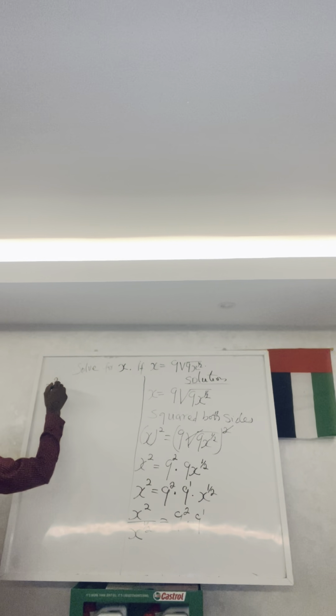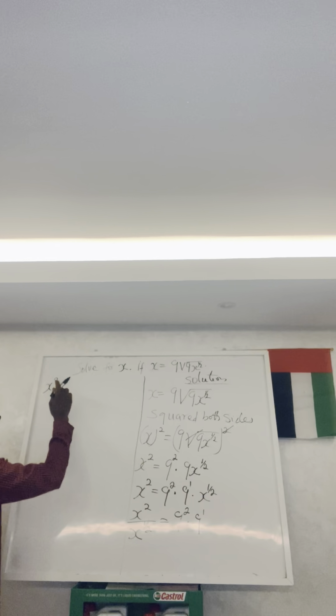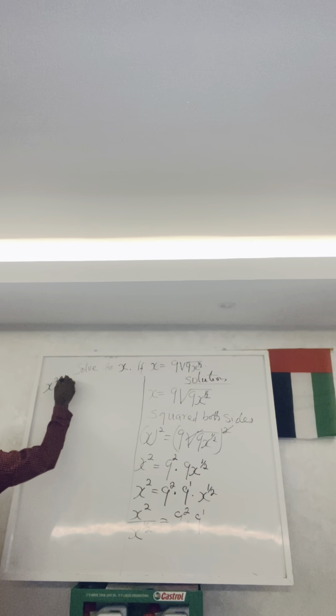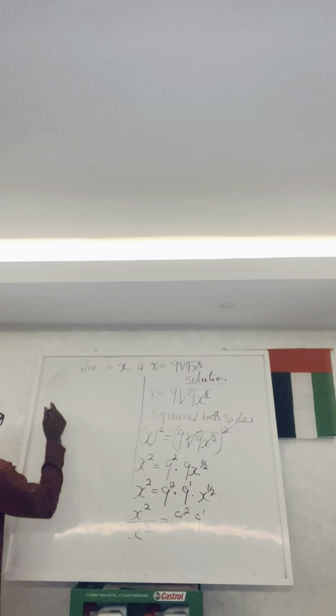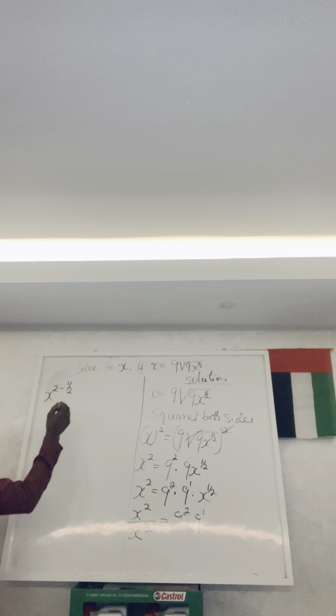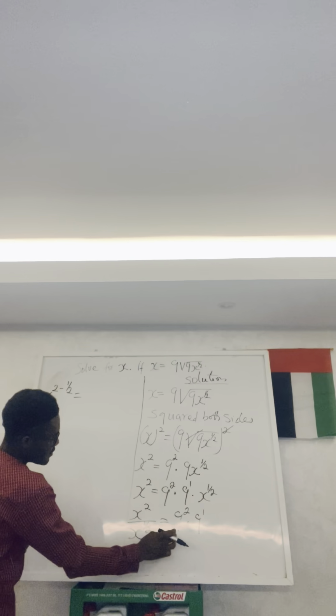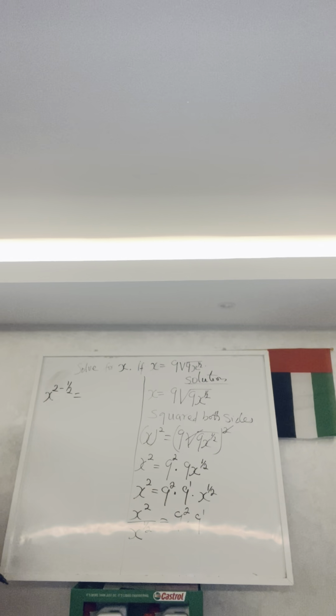That will say that here will be x, taking one of the base and subtracting their powers, x raised to the power of 2 minus half, equals, here is 9 raised to the power of 2 times 9 raised to the power of 1.